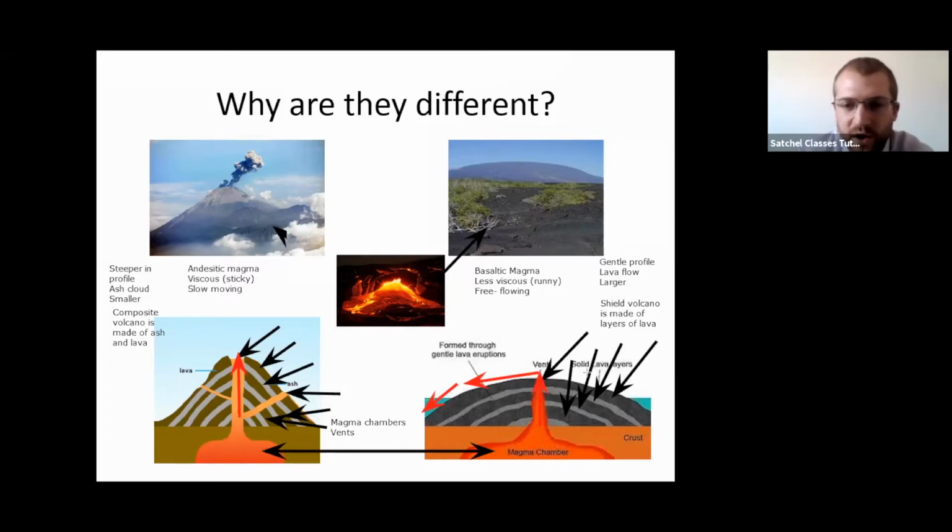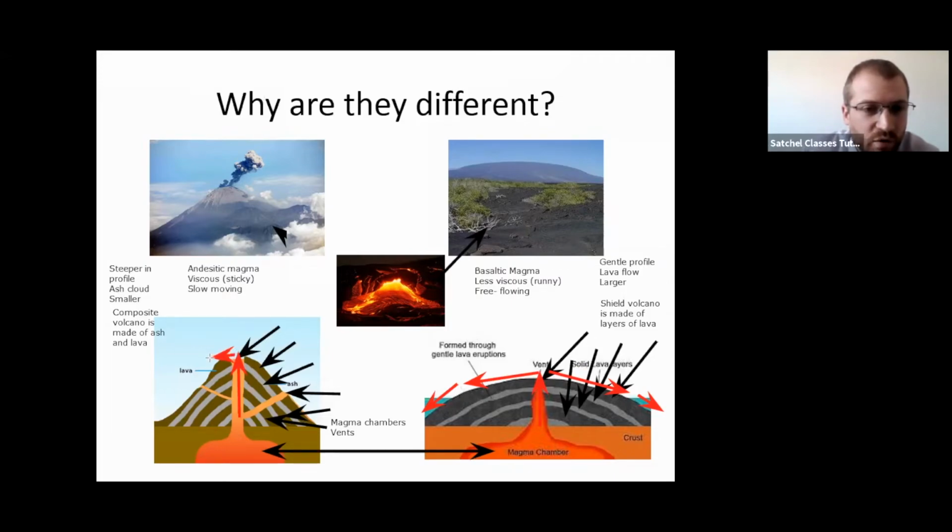It will just pour out of the volcano, and it will travel much further before cooling down. With the andesitic magma, it's much more slow moving, it's more sticky, so therefore it takes a lot of energy to come out of the volcano.